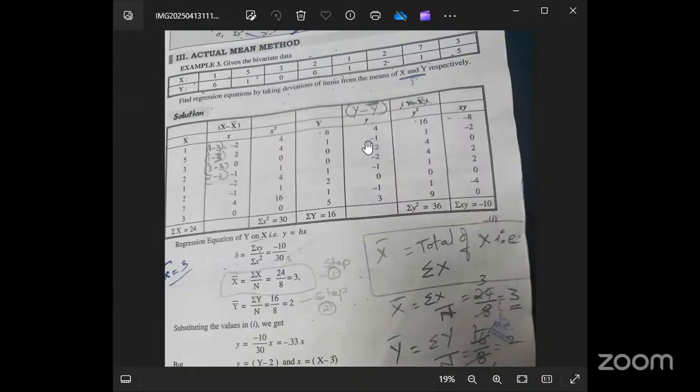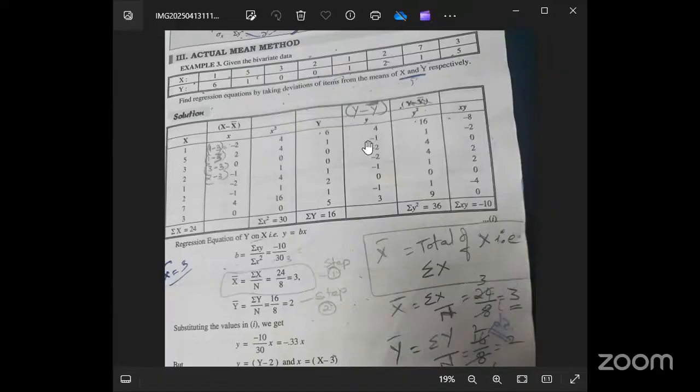Similarly, y square you need to do: 4 square 16, 1, 2 square 4, 2 square 4, 1, 1, 3 square 9. Now make the total, sigma y square, which equals 36.